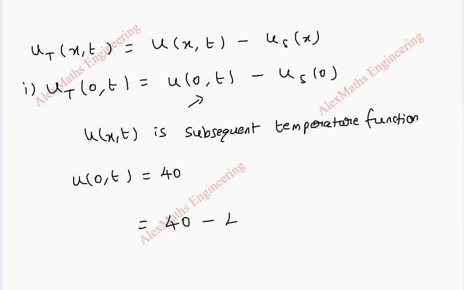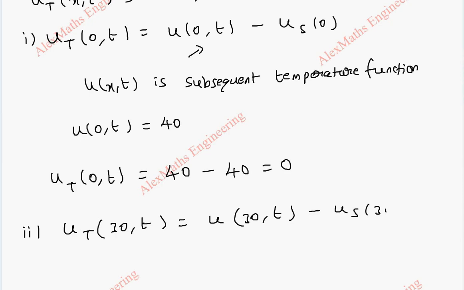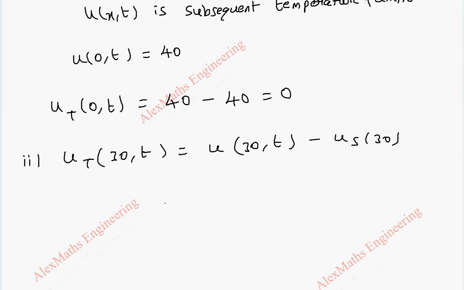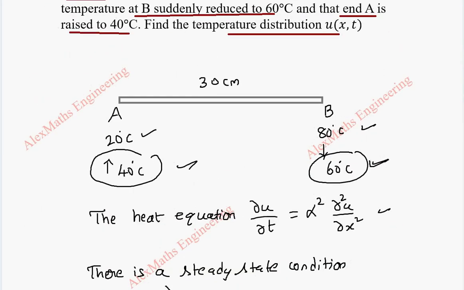So after subtraction, u t of 0 comma t becomes 0. Now condition 2, u t of 30 comma t, this is u of 30 comma t minus u s of 30, and u of 30 comma t is the subsequent temperature at B, which is 60 degrees.